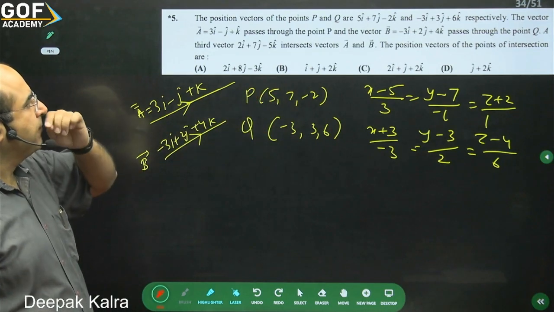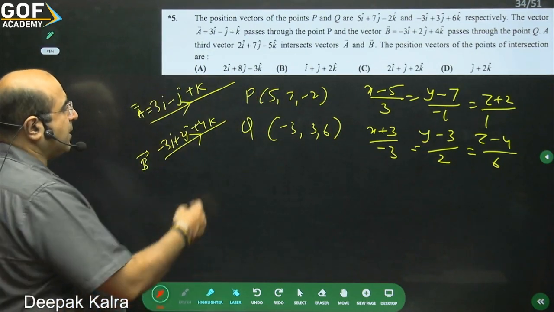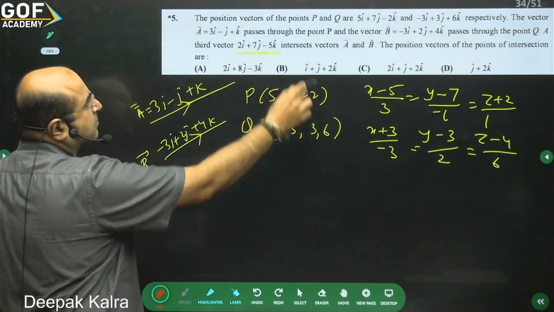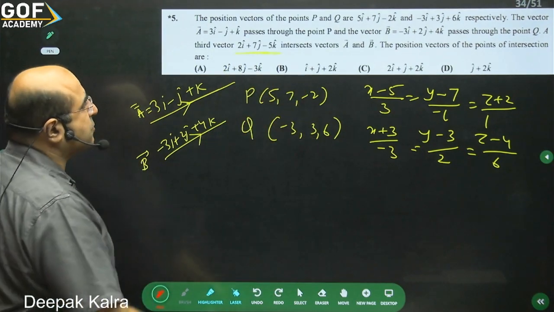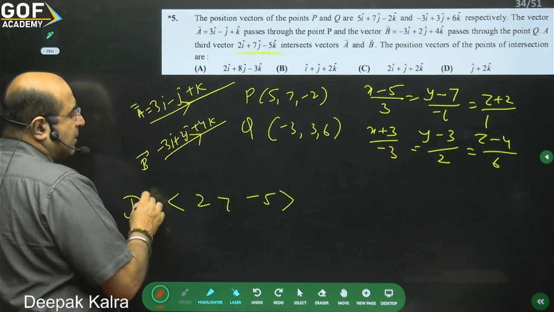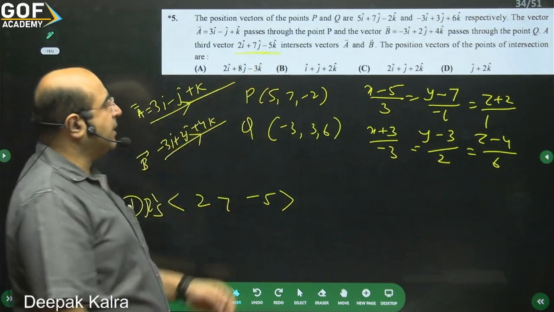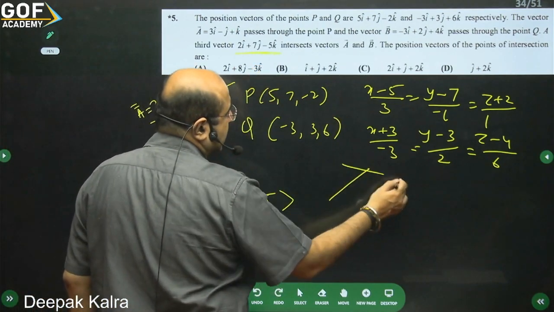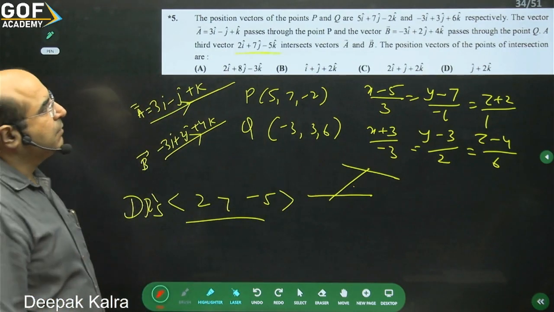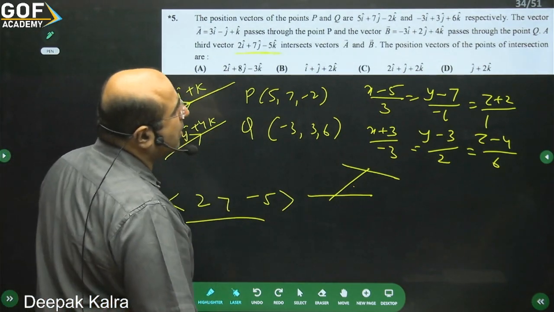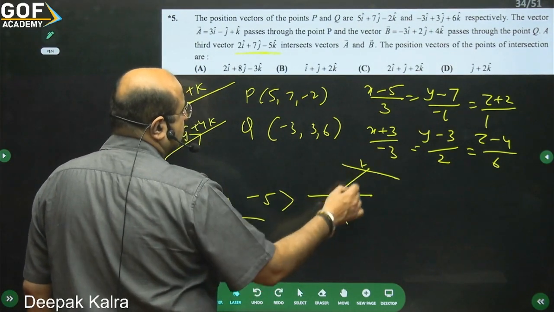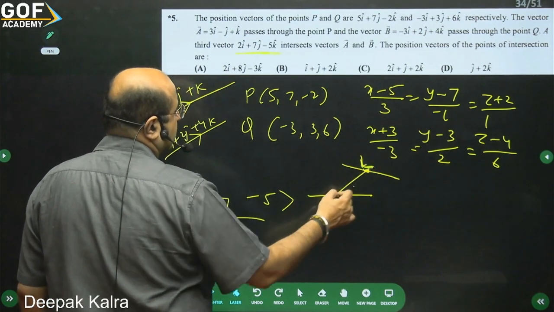A third vector is there, having drs as 2, 7 and minus 5. They are the drs of the third vector. It intersects A and B, meaning it intersects these lines. The position vectors of the points of intersection, if this point is L and this point is M, I want to know these L and M position vectors.